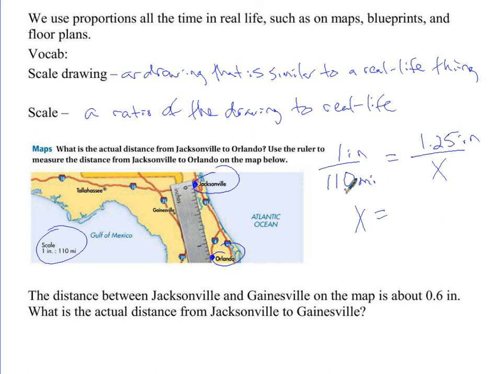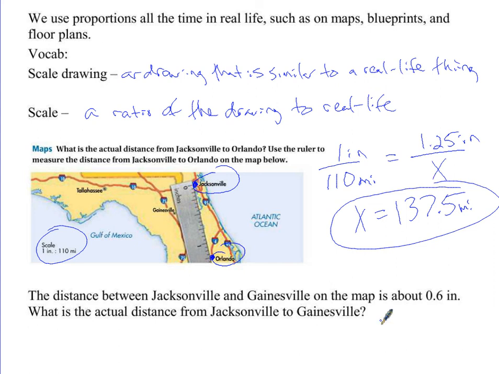What do we get? 137.5 what? Miles. Okay? Because we know that x has to be in miles here. So that's the answer. That's how you use a scale drawing, like related to a map. Okay? Use the scale that you're given on the map, and then measure the map, and you'll have your answer.